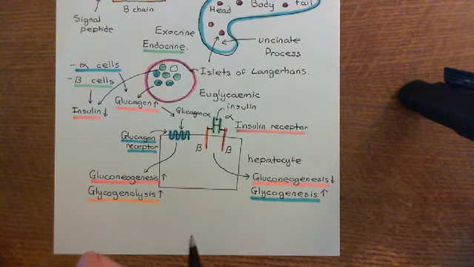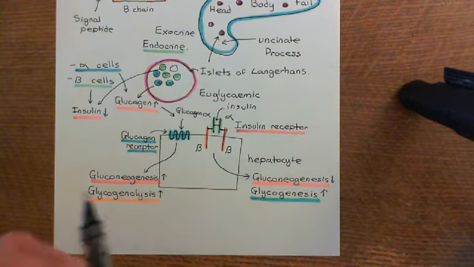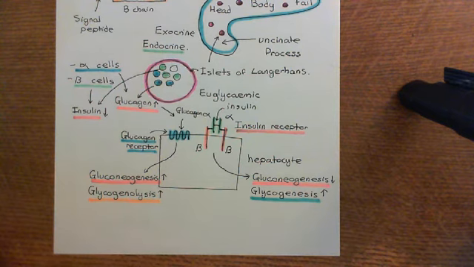Now, the liver puts glucose back into the blood through two processes, namely gluconeogenesis, which is the production of glucose from certain amino acids known as glucogenic amino acids, and also glycogenolysis, which is the breakdown of glycogen, which is stored within the hepatocytes, to glucose, which can then be released from the hepatocytes into the bloodstream.